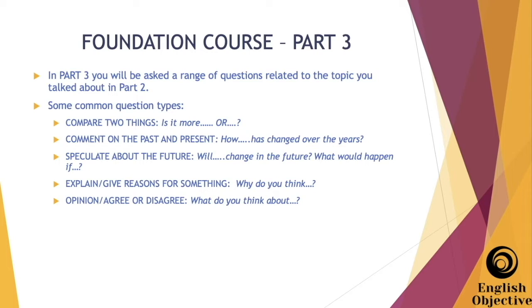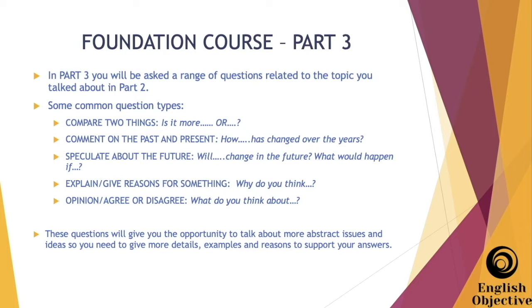They would ask you questions about the future. They would give you one statement and tell you if you agree or disagree with it. They would also ask you the main reasons why something is taking place or something is happening in our society. Because remember, these questions will talk about more abstract issues and ideas.